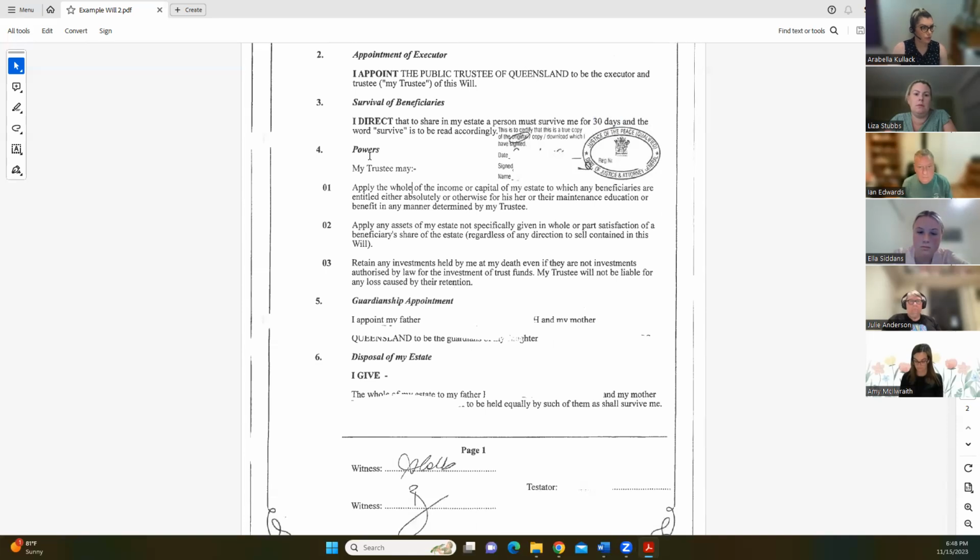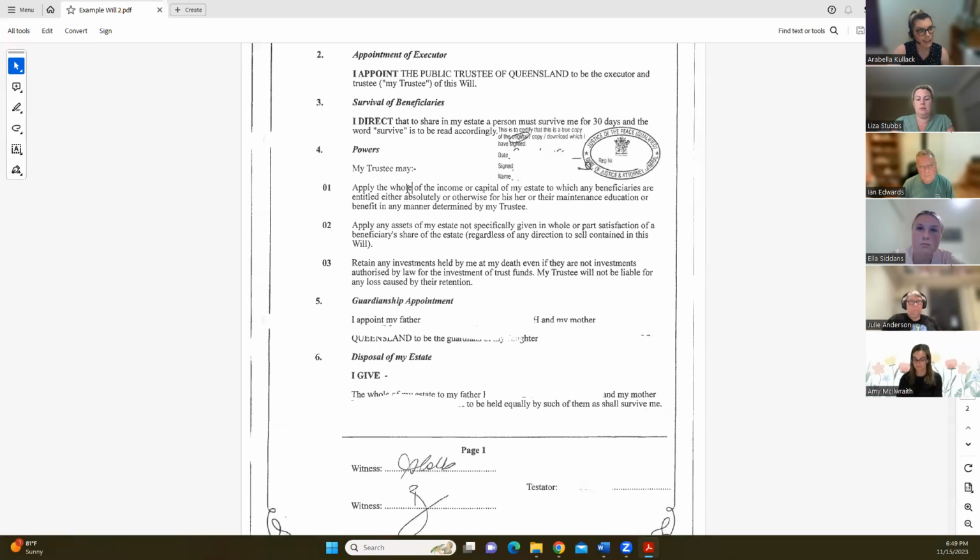Then we move on to, and I know this isn't in the question, but just for your own knowledge, we move on to the powers. So quite often a will contains certain powers that the executor and trustee has. Again, the executor and trustee will have the same powers as contained in the trust legislation, but again, it's much easier for it to be clearly stated within the body of the will.